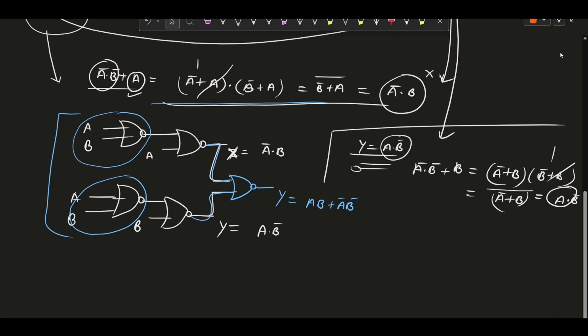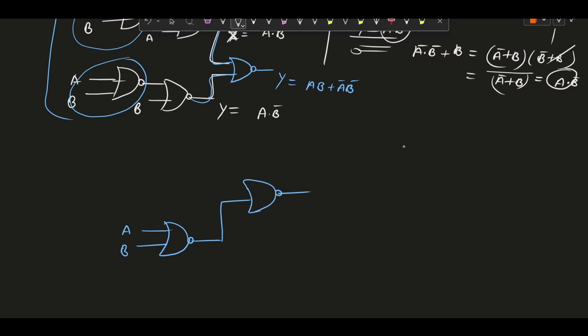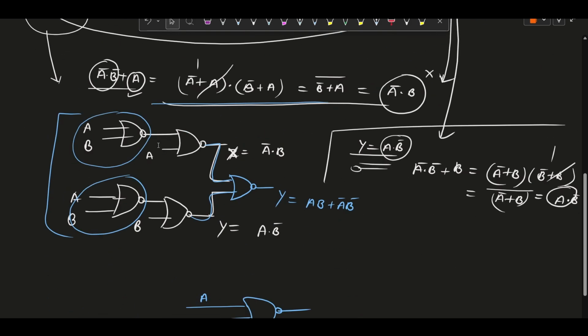Okay. So if I rewrite this circuit again, then I will take the common output of this NOR gate. Here A and B are connected, and this common output goes to the first NOR gate, and that NOR gate is connected to the A input. Similar to this side as well, we have connected this output to this NOR gate, and here the B input is connected as we have seen here.